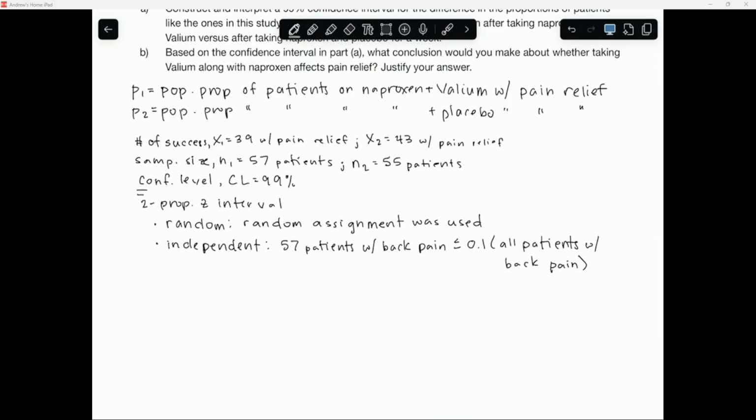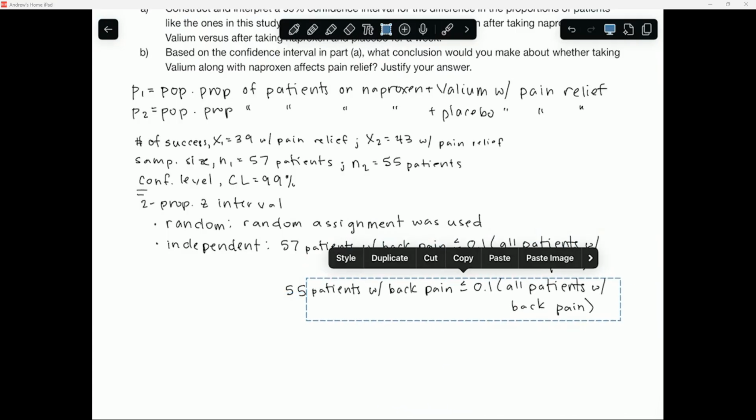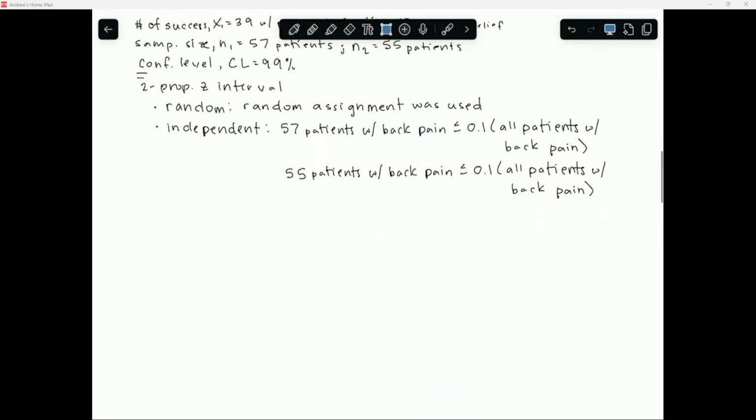Oh, I did. 55. There we go. 55. And it's a similar statement. Patients with back pain, less than or equal to 10% of all patients with back pain. And yes, I am cheating with technology. Don't judge me. So 10% condition on both samples.